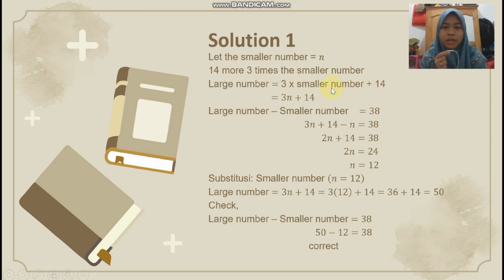Because the smaller number is n, we can write this as 3n plus 14. And the larger number minus the smaller number equals 38. The larger number is 3n plus 14 minus the smaller number n equals 38.